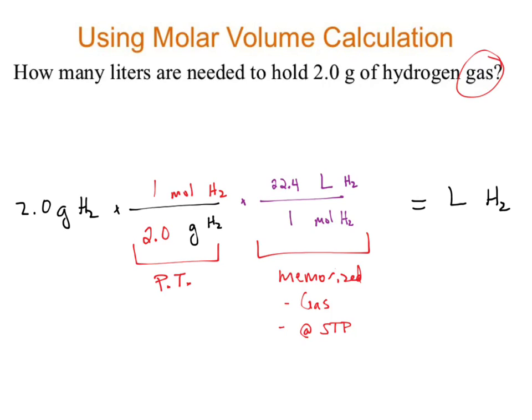This comes back to using language appropriately. If you don't have the language to support it, you make the question impossible to solve. Right? So we have to have that extra context. Make sense? So how do I fix it? How many liters in the air to hold 2.0 grams of hydrogen gas at STP? Perfectly valid change.